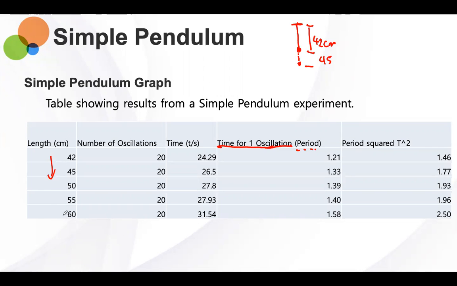And she did it again. She moved from 55 to 60, and she saw an increase from 27.93 to 31.54. All right. So are we seeing that as the length increases, the time it takes to complete 20 oscillations will increase? Are we seeing that?